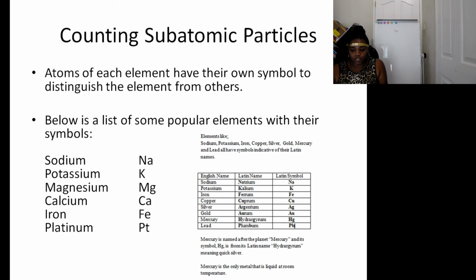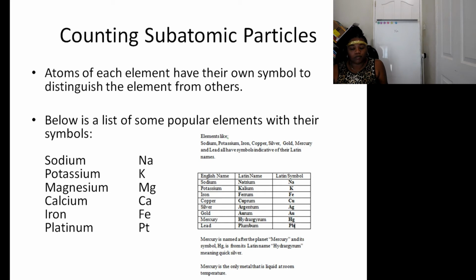Iron, ferrum, is Fe; copper, cuprum, Cu; silver, argentum, Ag; gold, aurum, Au; mercury, hydrargyrum, Hg; and lead, plumbum, Pb. Okay, so write them as is.